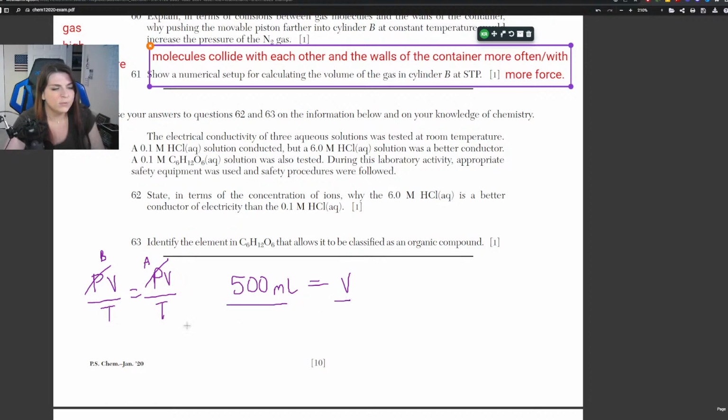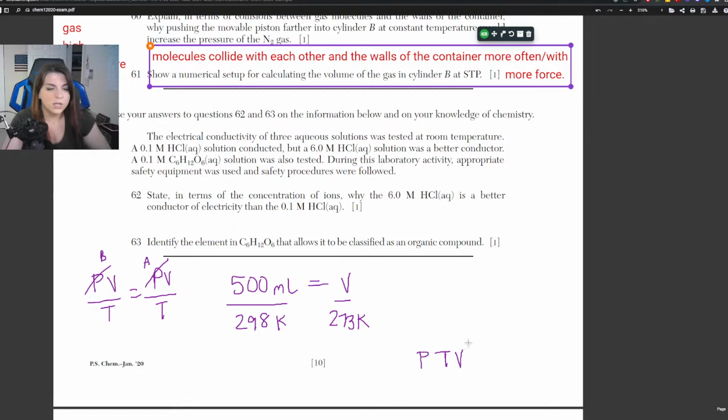The original temperature was 298 Kelvin, and the new temperature is going to be 273 Kelvin. So I'm dropping the temperature just for the sake of teaching you right now.